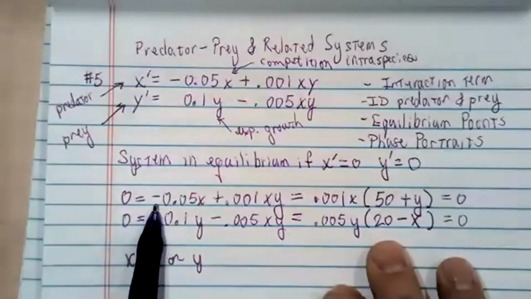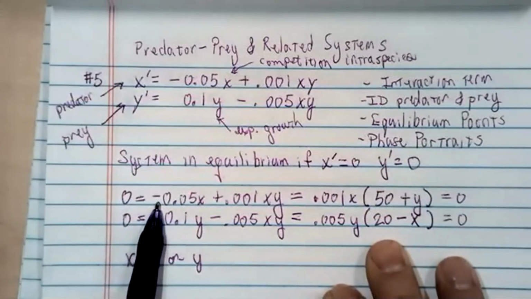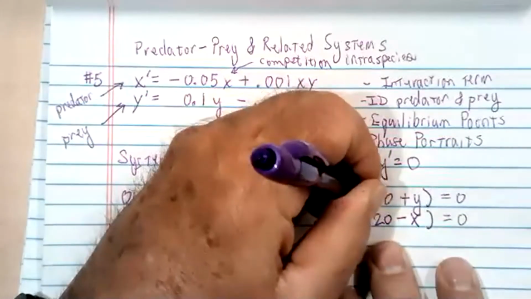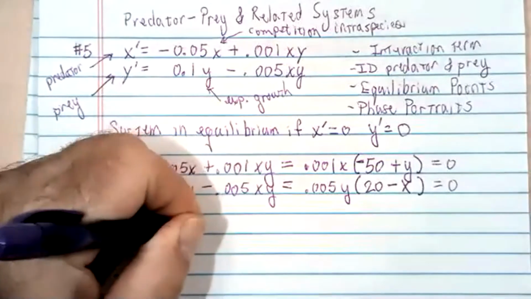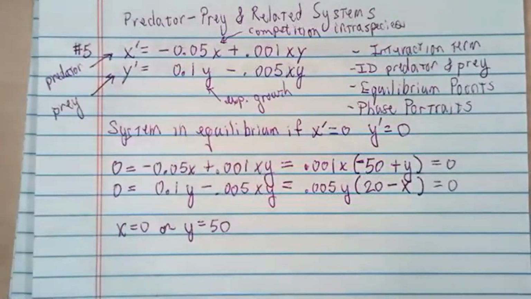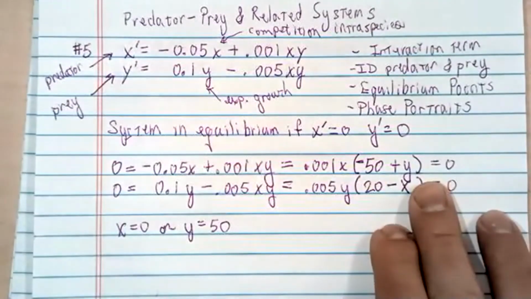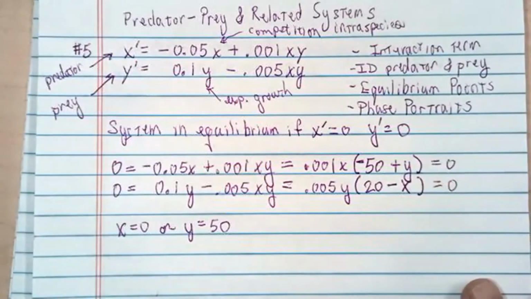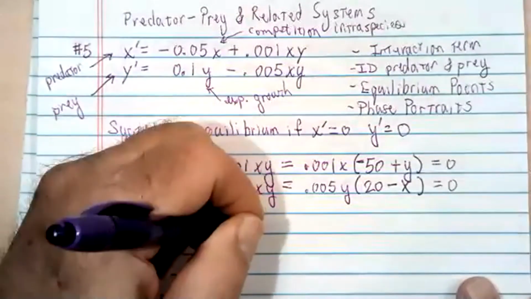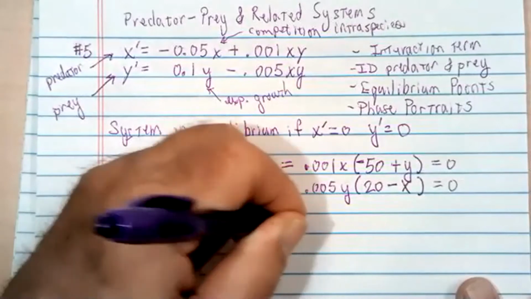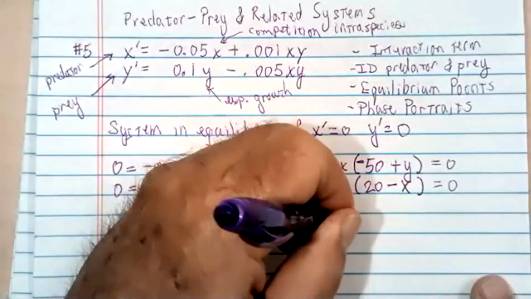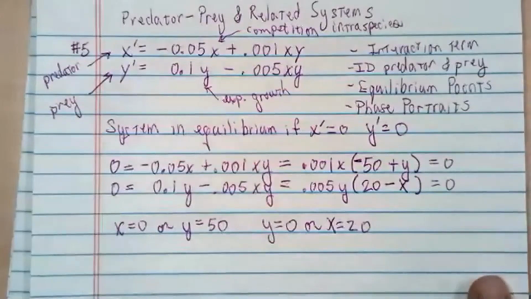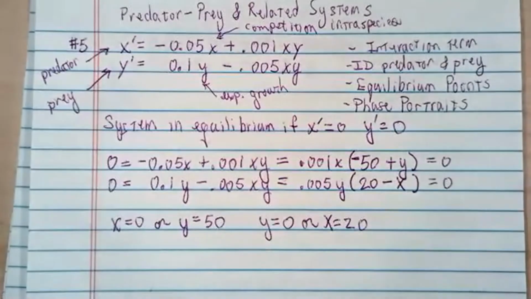There's a minus here, and there's no minus here. So put it back in. Okay, now I believe it. Or Y is 50, that first row will be 0. If Y is 0, or X is 20, then the second row will be 0.